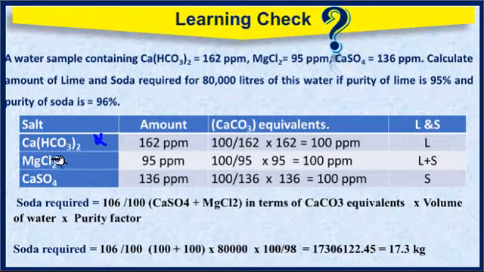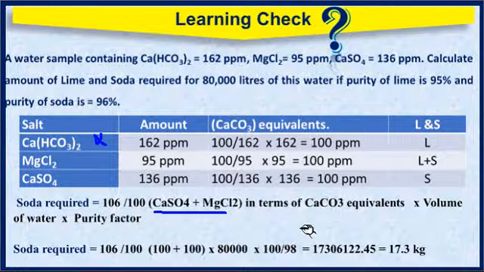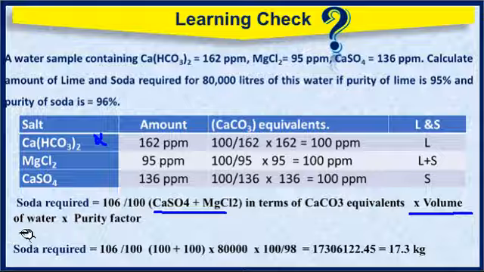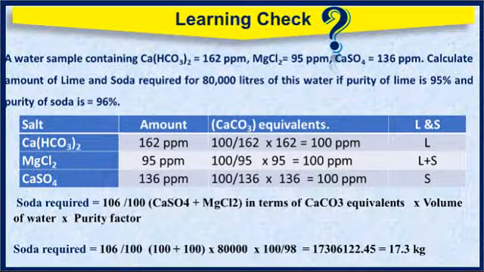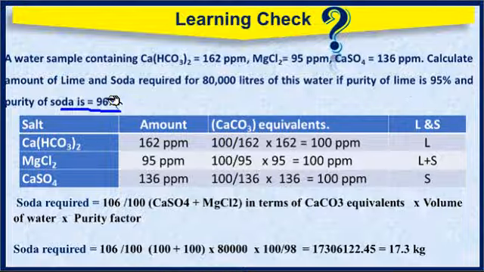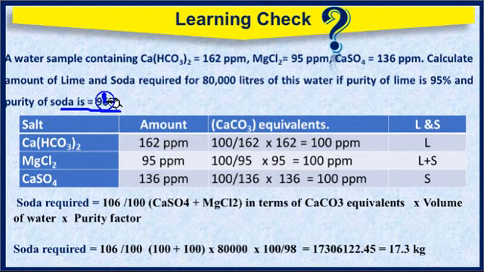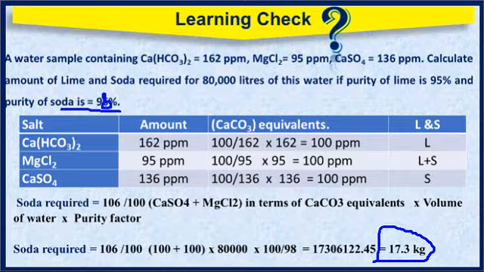So we include only magnesium chloride and calcium sulfate in this formula, multiplied by volume of water multiplied by purity factor. The purity factor is 100 by 96. So 100 by 96, and the final value calculated is 17.3 kilogram. So this is the total soda requirement for this water sample.